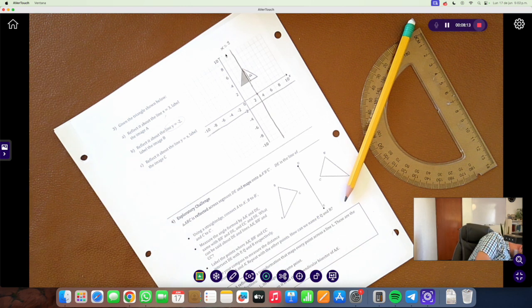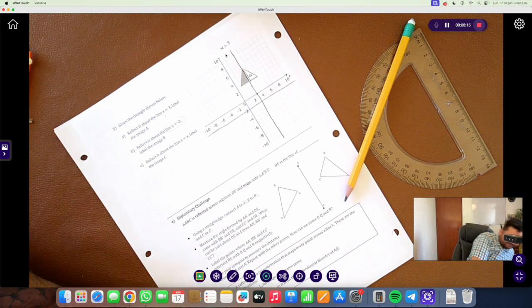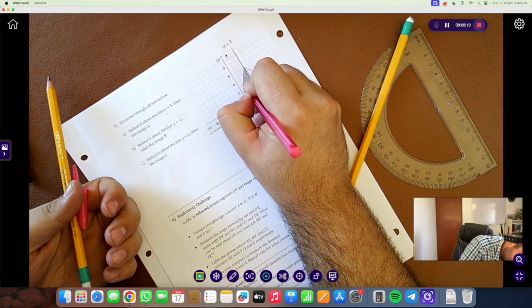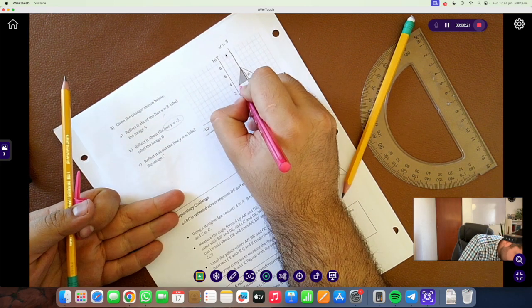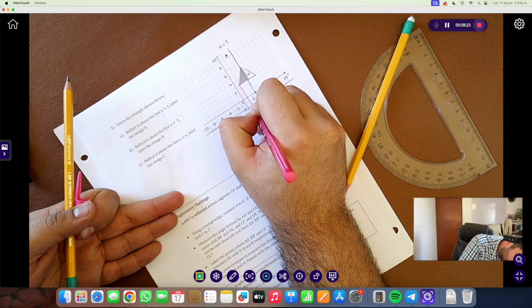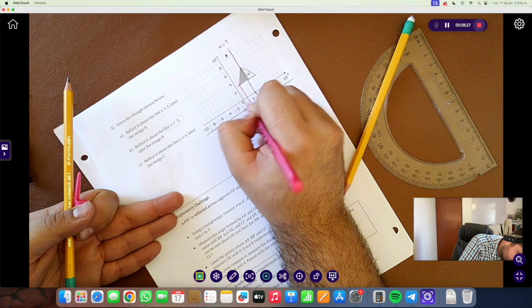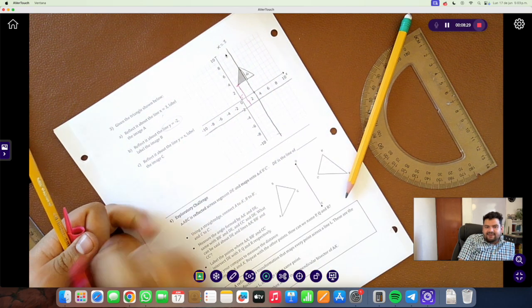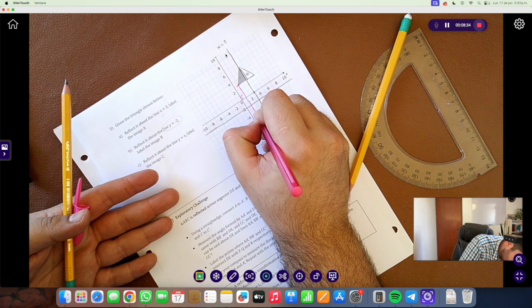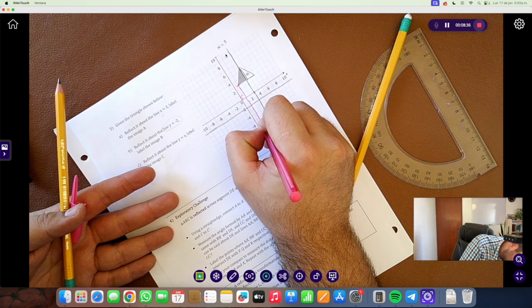Let me use a nice color. So for example, the distance from this point to the line is 1, 2, 3, 4, 5. So this distance of 5, I'm gonna flip it. And I'm gonna do 1, 2, 3, 4, 5.